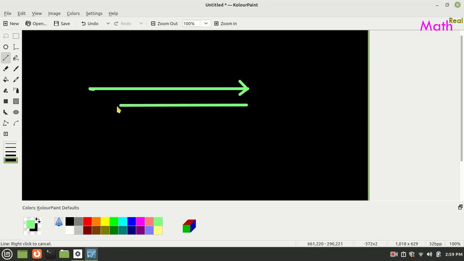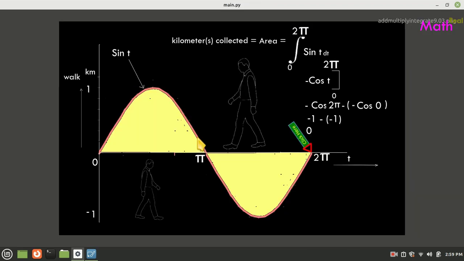Then he is walking back to the origin, to the same point. He walked and he walked back. This is what is happening. The person is walking in the forward direction. After this, he started from rest, but he started walking backward, and he came back to the same position. So the distance covered is 0.